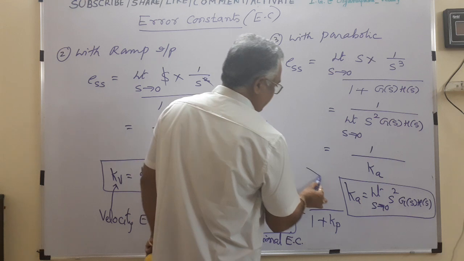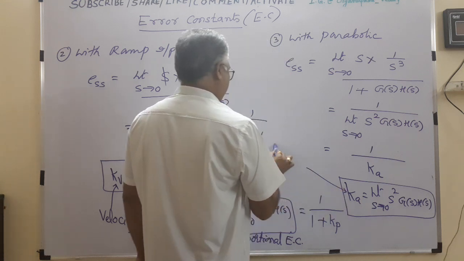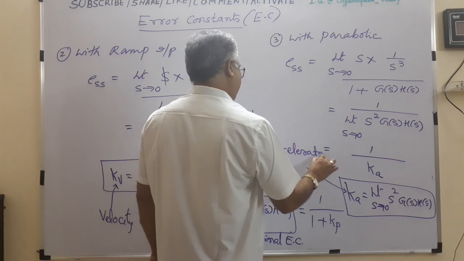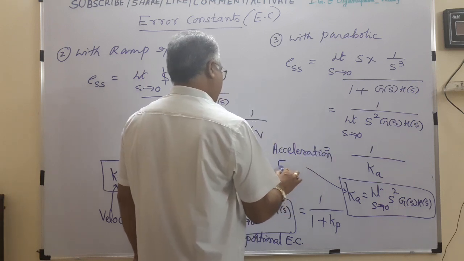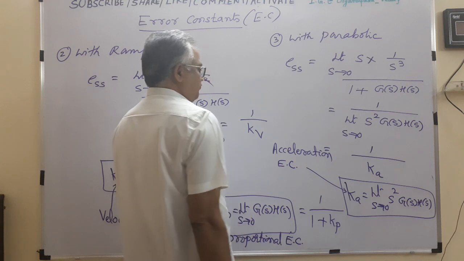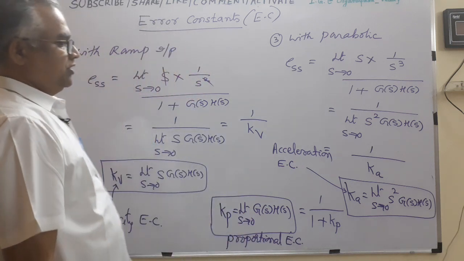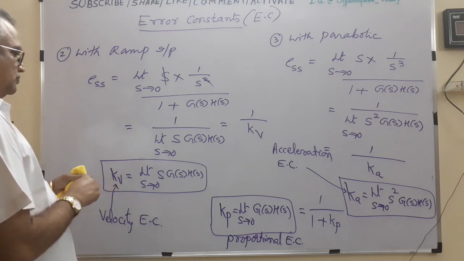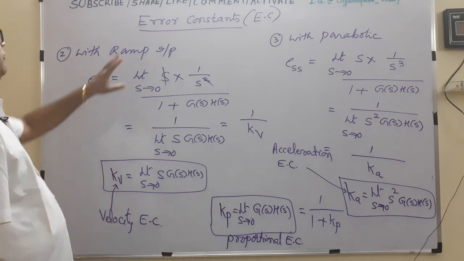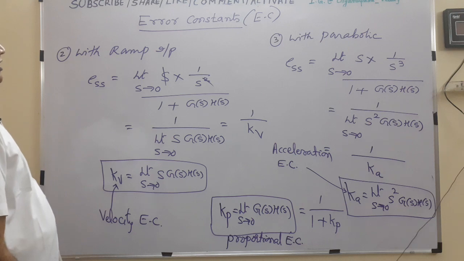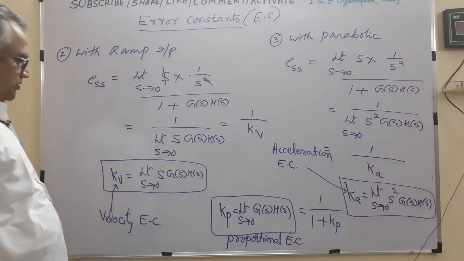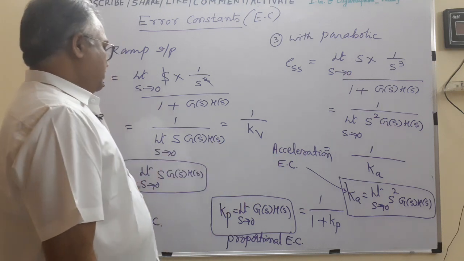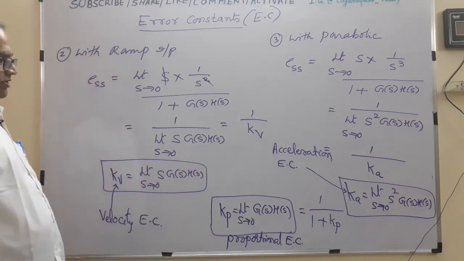This Ka is named the acceleration error constant. So that's why we are studying under the topic of error constants. So what are the error constants? Kp, Kv, Ka. They are named as error constants.